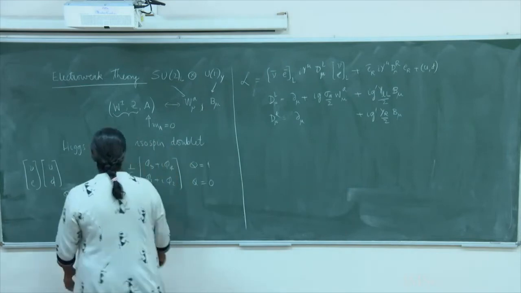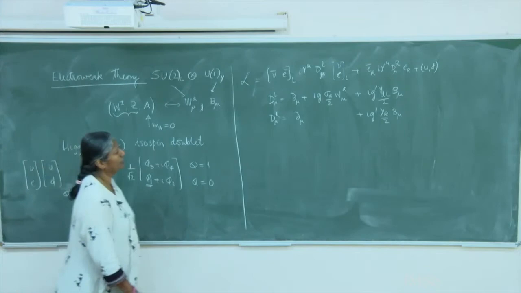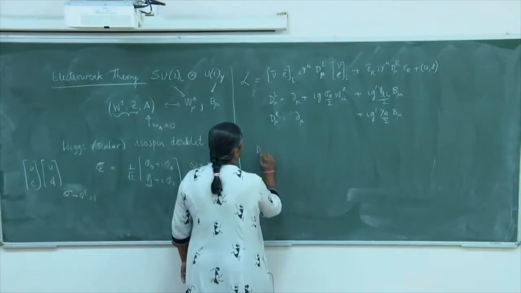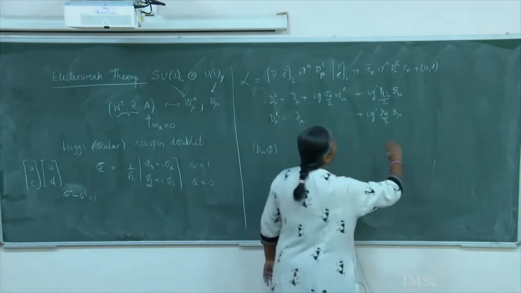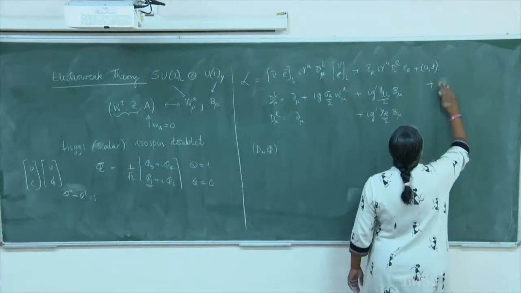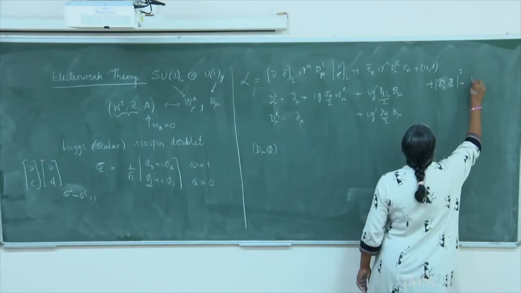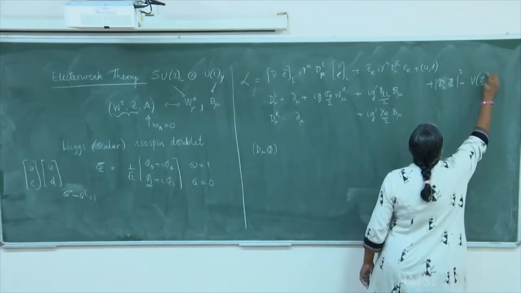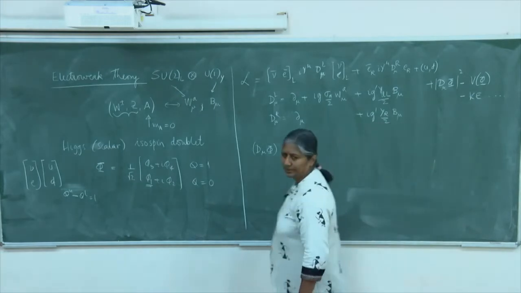Now what are we looking at? We want to look at how the field couples to phi. So we have to write D_mu phi. So I'm going to couple this to plus D_mu phi squared minus V of phi minus kinetic energy terms, etc. I'm not going to write all that.